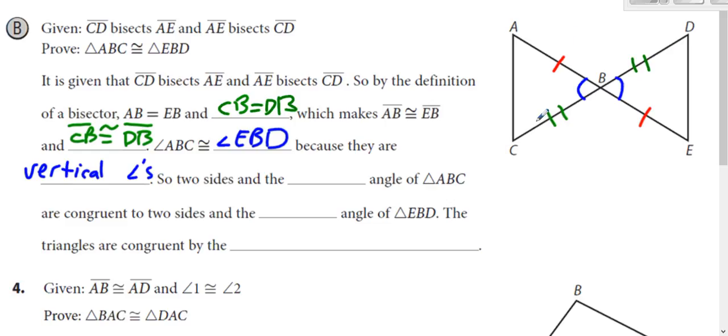So now we have two sides and the included angle congruent to two sides and the included angle, triangle EBD. So the triangles are congruent by side, angle, side. Two sides and the included angle.